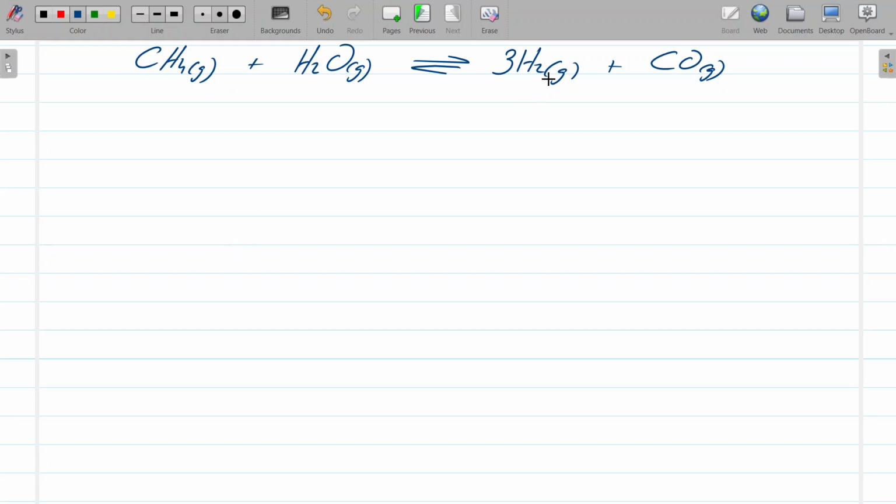This is the product side. Oh, okay, yeah. It's balanced. So this process is known as steam reforming.